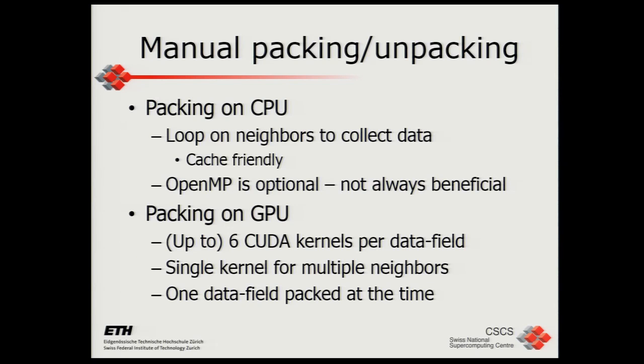What else you can do here is that one data field is packed at a given time. So before we had 3 pointers, 3 data fields. We first pack the first one, then the second, then the third one. So we have 6 times 3 kernels running, which is 18.